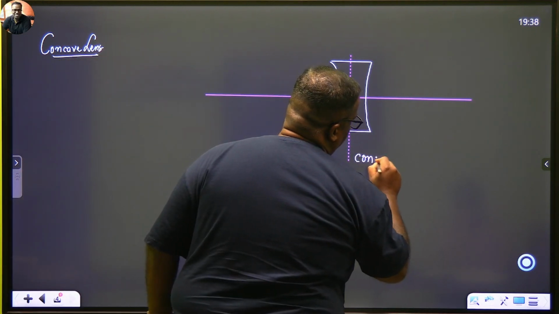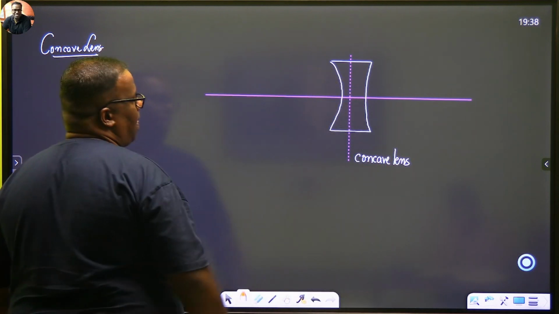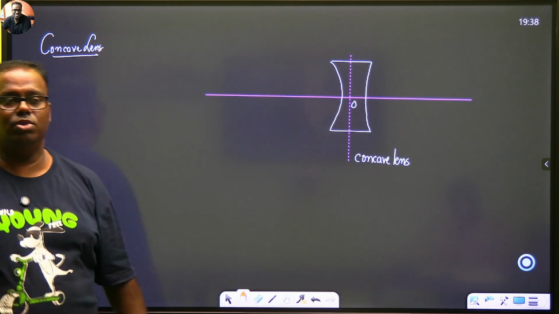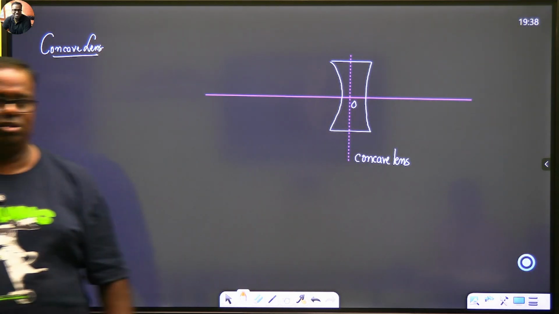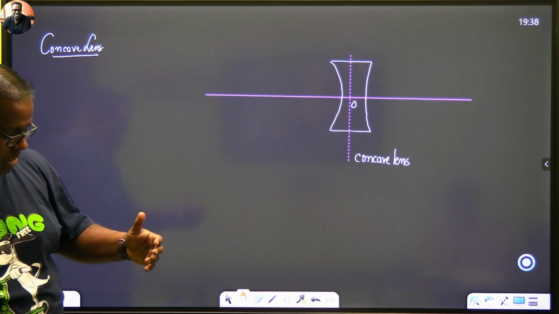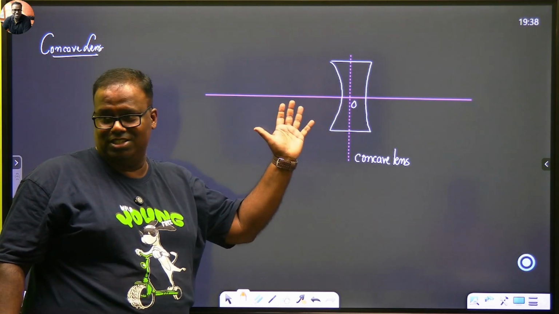Concave lens. So obviously we have an O here. O is known as my optical center of the concave lens. So we'll again have a parallel beam of incident rays, with the condition that the rays are parallel to the principal axis.